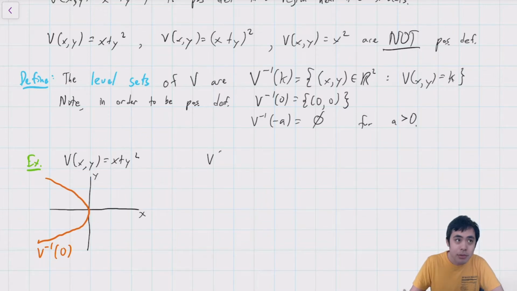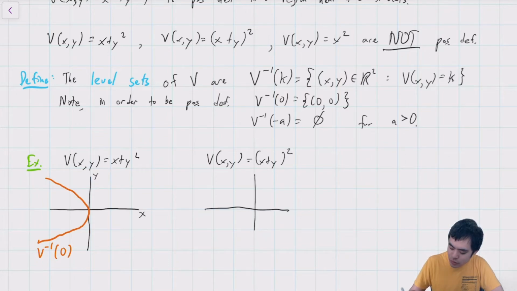And we can do this similarly for, oh, I'm sorry, I copied that down wrong. So v is x plus y squared. Well, when is this equal to 0? Precisely when y is equal to minus x. So this is the 0 level set for this one.